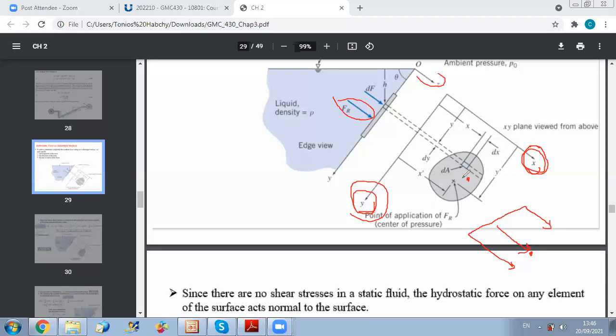Since your force is directed perpendicular to the surface, towards the screen, you will get in this figure a negative moment about Y and a positive moment along X using the right-hand rule. Okay, but don't worry, we don't care a lot for the sign. You know why? Because it will simplify from both sides.